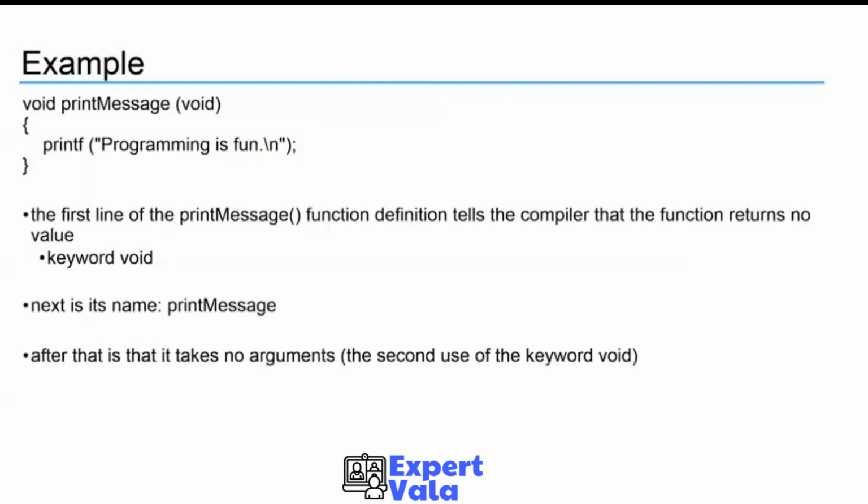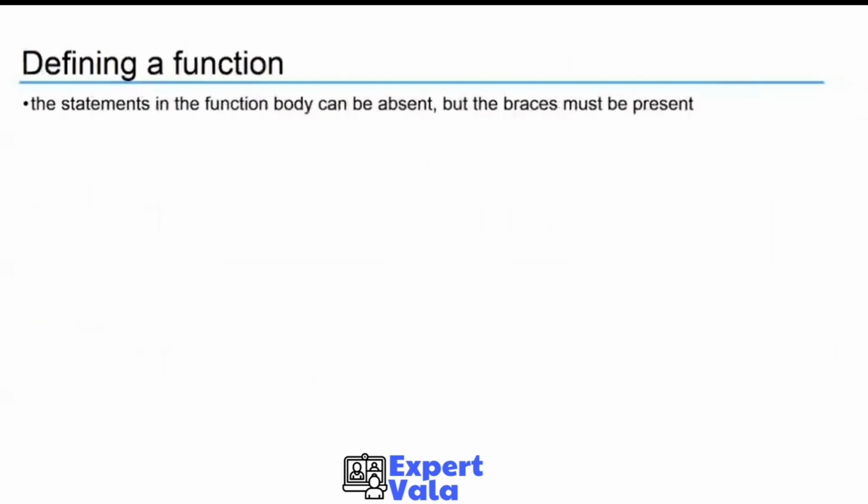The next is the name, and then after the name are the arguments. They are called parameters, and we use the keyword void again if we are not passing any data. The statements in the function body can be absent, but the braces must always be present.